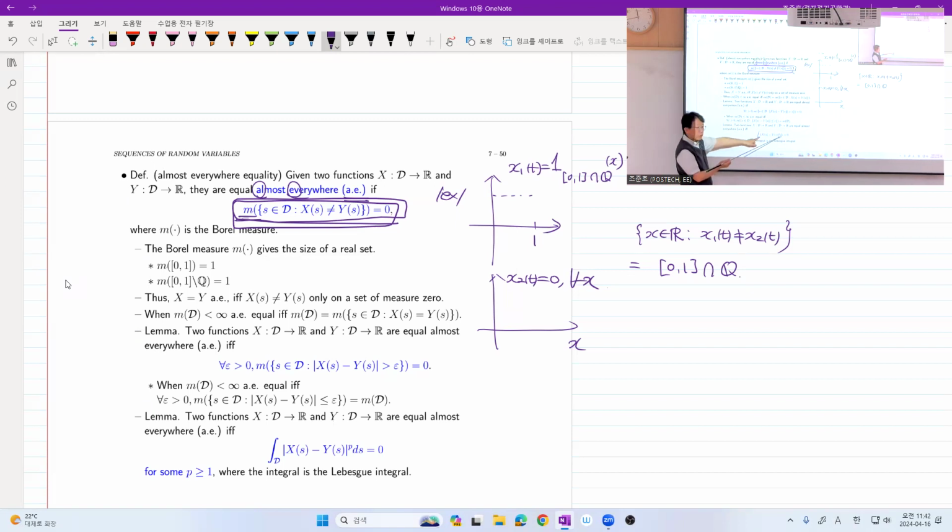And then you integrate this error function, error raised to the power of p, on the common domain. And if this is 0, what does that mean? You can easily show that they are equal almost everywhere.